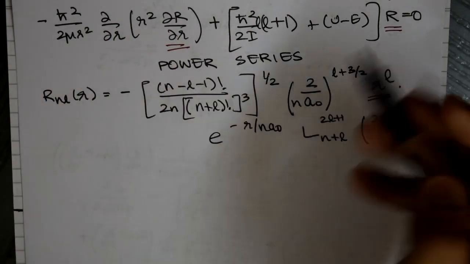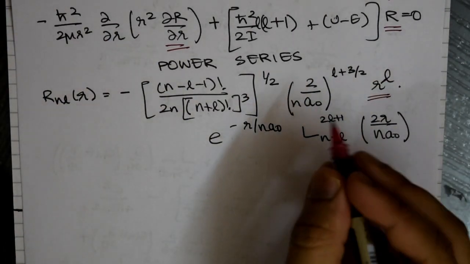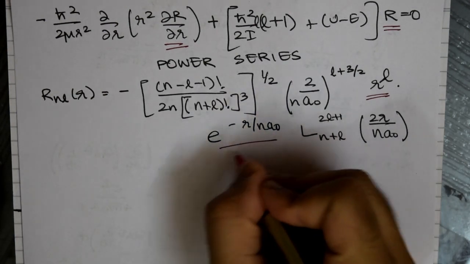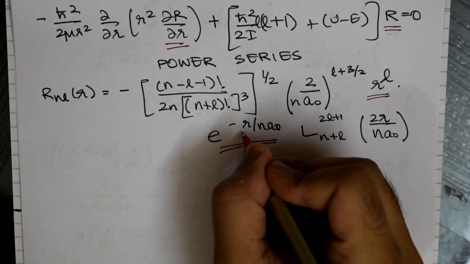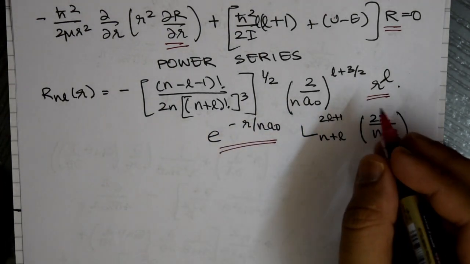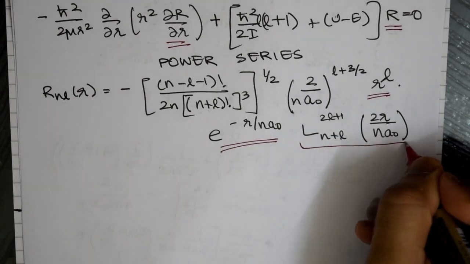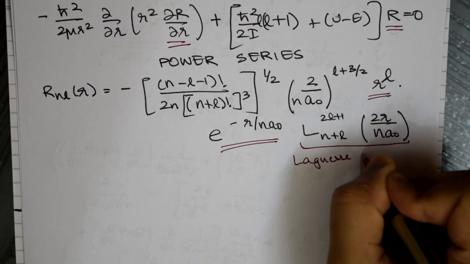This is a polynomial part, for a given value of L; we will see what all values L can take for a given n. This is a part that decays exponentially as a function of r. These two are constants, where n is one of the quantum numbers. These are the Laguerre polynomials.